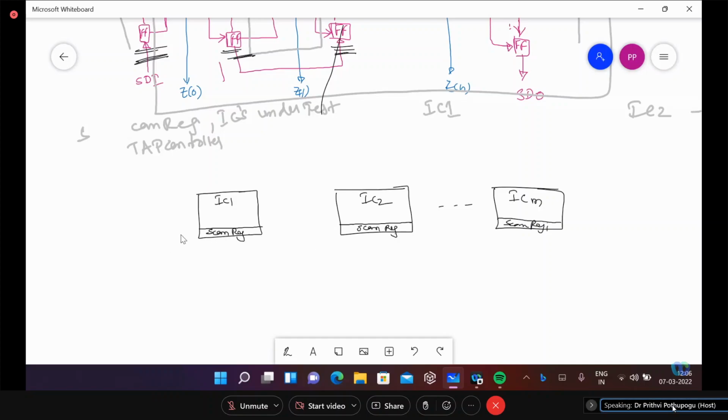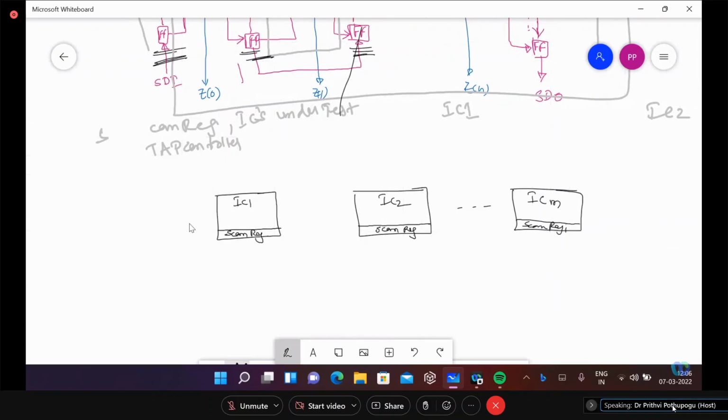That means this becomes, see here, this becomes the SDI port, and the last output of that set of registers becomes SD naught for this IC1. For IC2, this is scan data in, where this input comes from the previous SD naught.